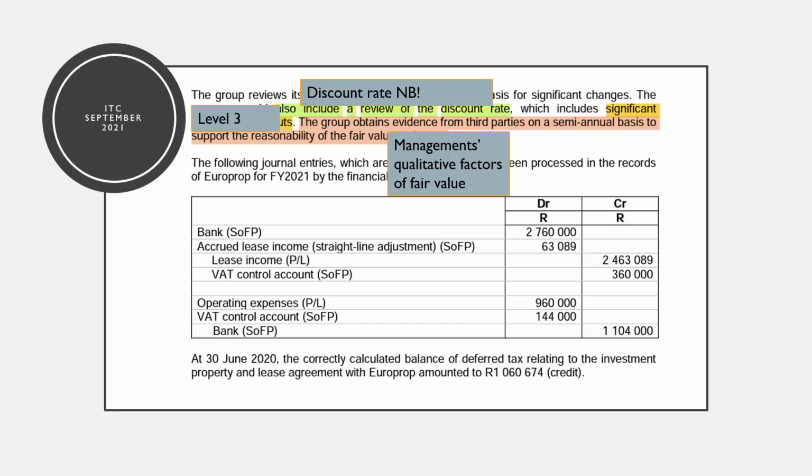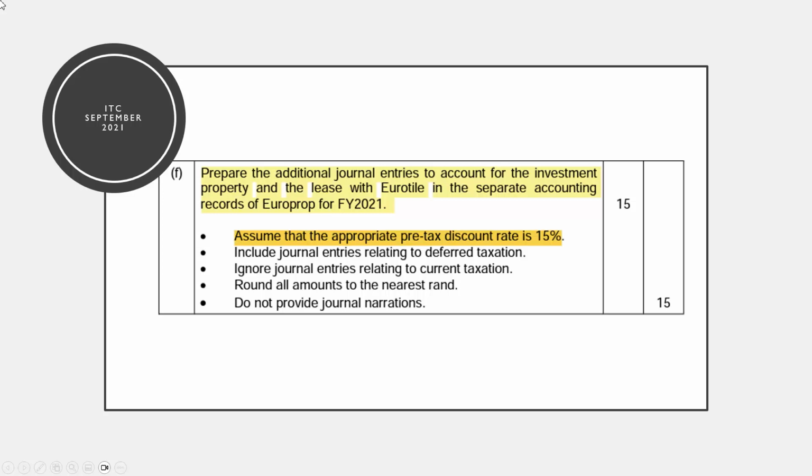So Part F says prepare the additional journal entries to account for the IP and the lease in the separate records. So I'm not doing the journals, I'm doing the calculation with you. Assume that the appropriate pre-tax discount rate is 15%.